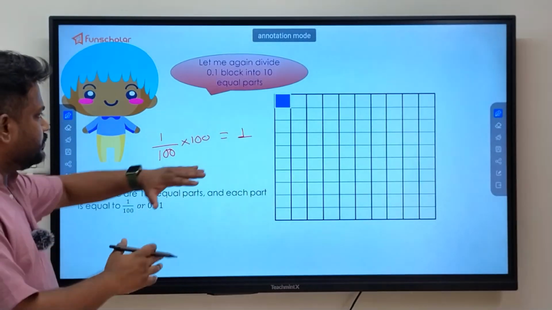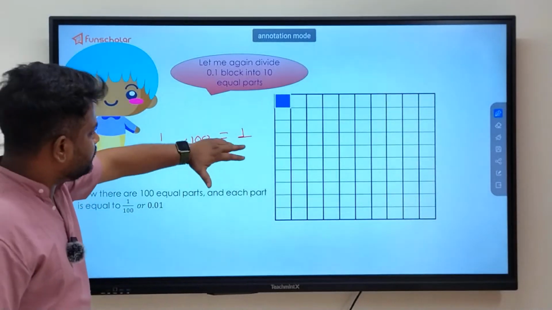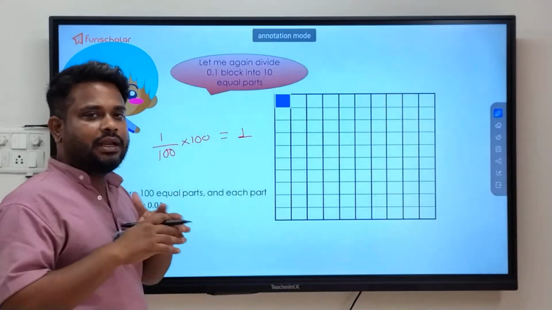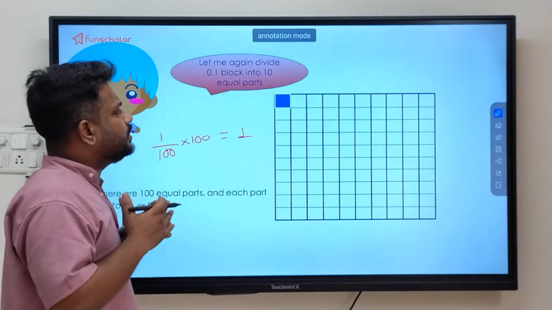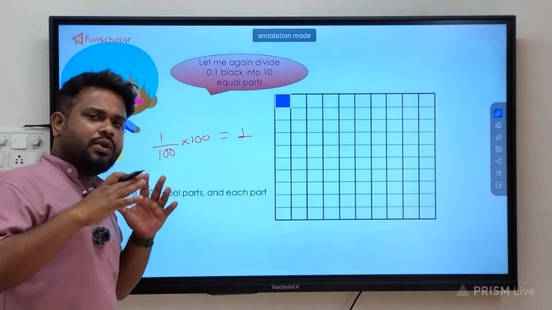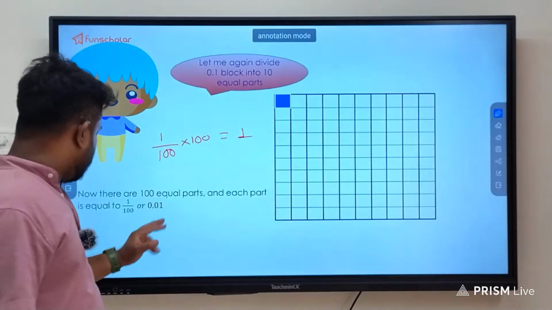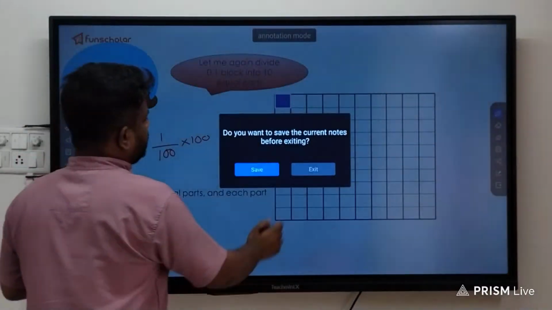They have just given this to help you understand decimals a little better, but if you understood fractions well, you can understand it as well. Okay, go to the next one.